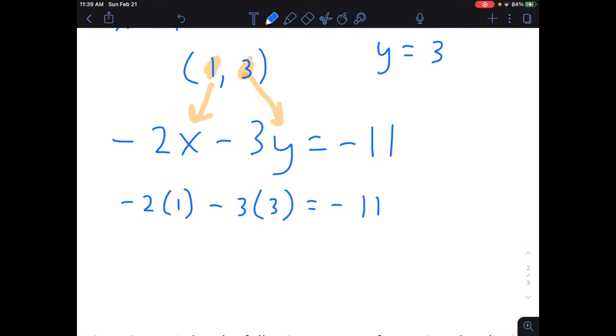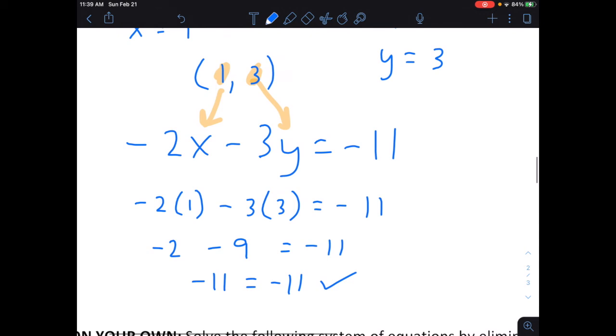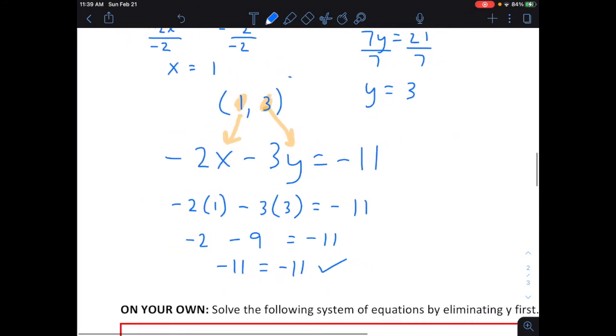That first term is still going to be -2. The second one's going to be -9. And then -2 minus 9 is -11. -11 does equal -11, so I know I have the right answer right here.